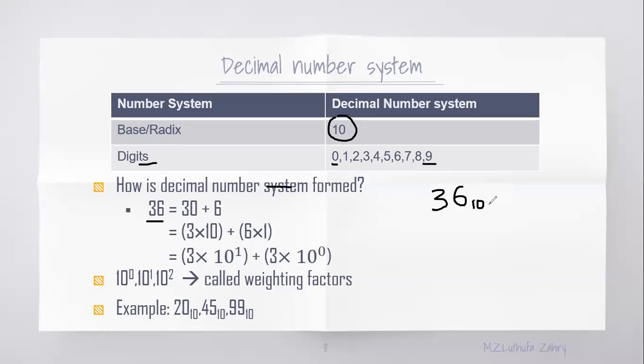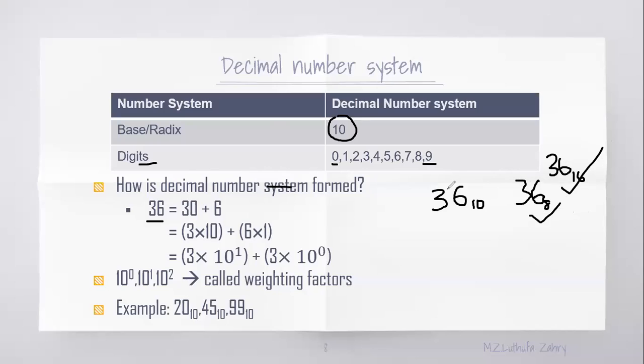For decimal, even your examiners will assume it is a decimal number if you didn't put the base value. But for other things, there will be 36 in octal also, 36 in hexadecimal also. So you have to definitely put the base value so that they can clearly understand whether you have mentioned this as a hexadecimal value or an octal value.